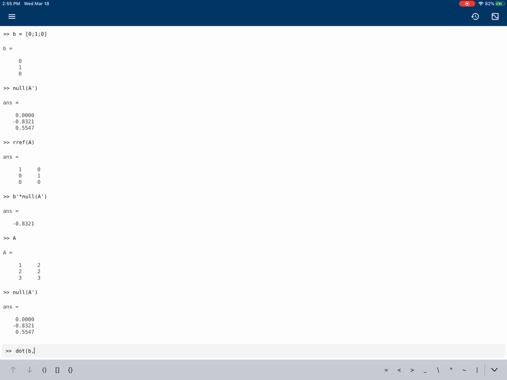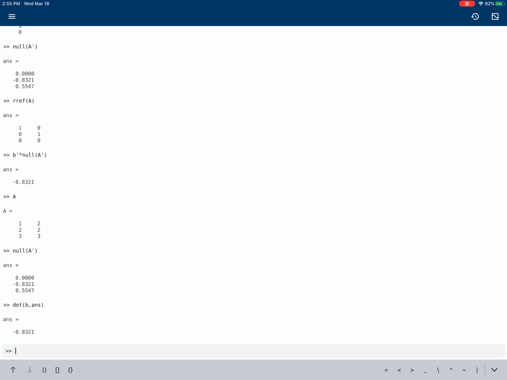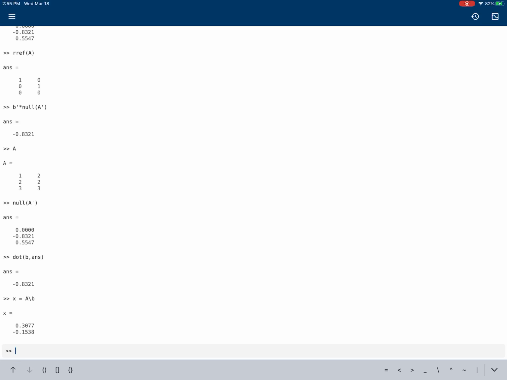If I go back to MATLAB Mobile, I can do that. B transpose times this, or you can just do dot, I believe, B with the answer vector. And that is not 0. Therefore, AX equals B has no solution.